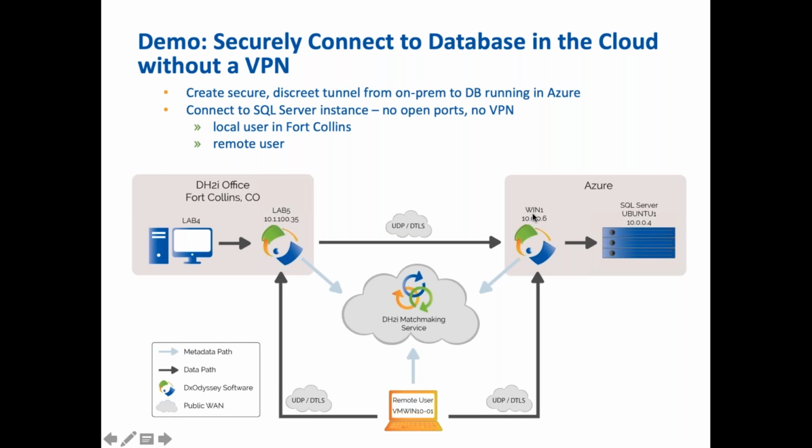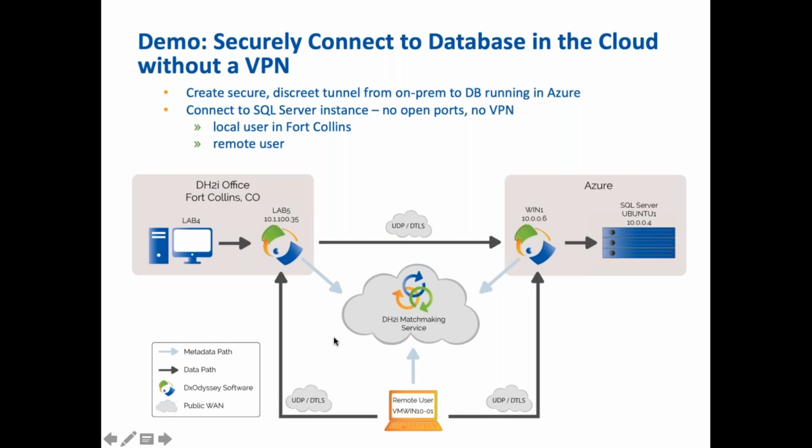And then what we'll do is we will connect to that instance. And we'll do so in two different steps. The first will be from a local user in Fort Collins. So this will be another machine out there called Lab 4. And we'll just connect to that Lab 5 machine and see if we can get to our SQL Server instance.